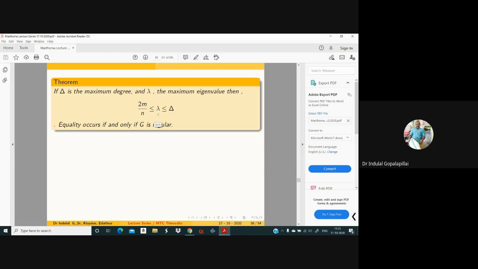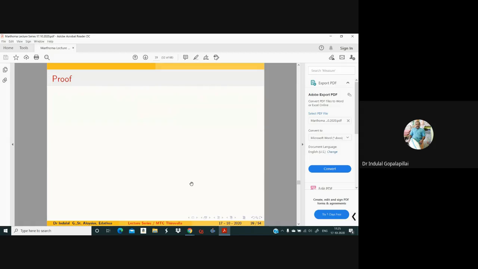So we have A, the adjacency matrix of a graph, and suppose lambda is the greatest eigenvalue. Lambda is the supremum of the Rayleigh quotients. So lambda will be greater than or equal to Rx, the Rayleigh quotient of x, for any non-zero x.